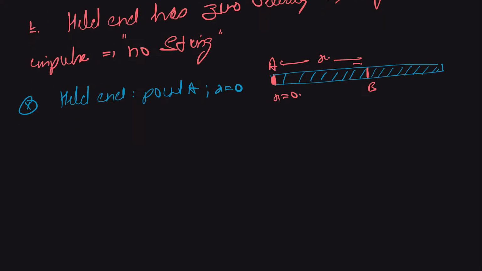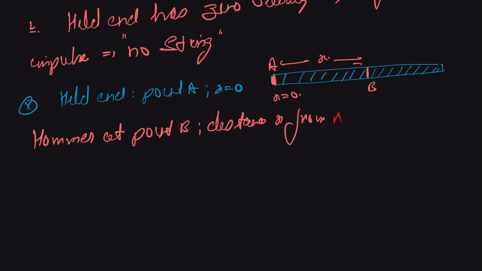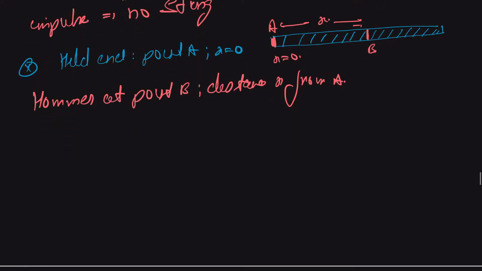And we have our hammer at point B, which is at a distance x from A. And we can say that our center of mass is at L by 2 from A.